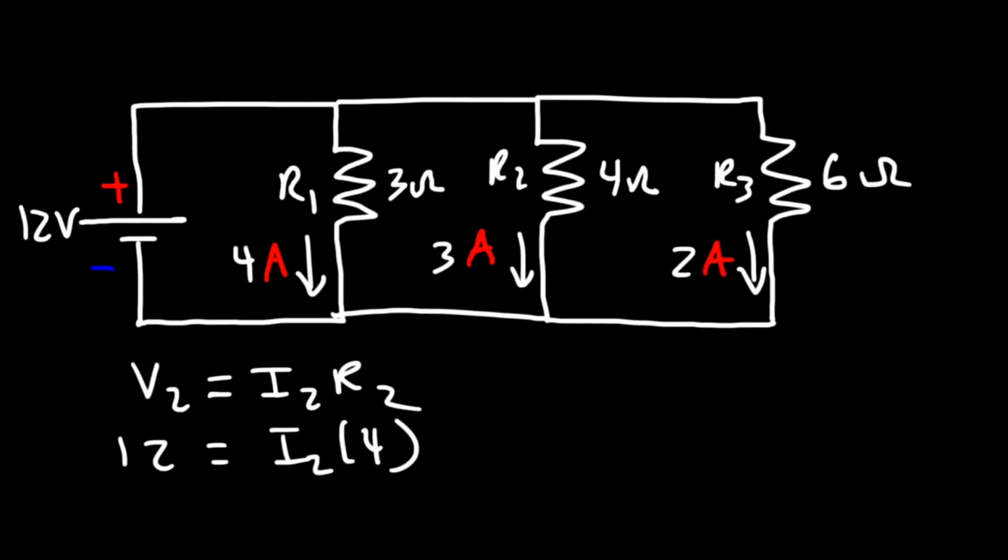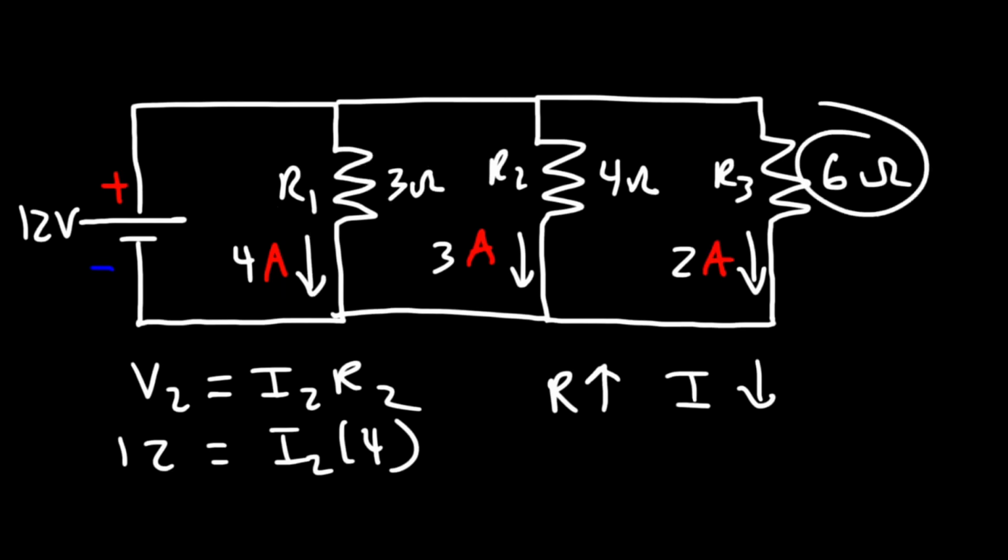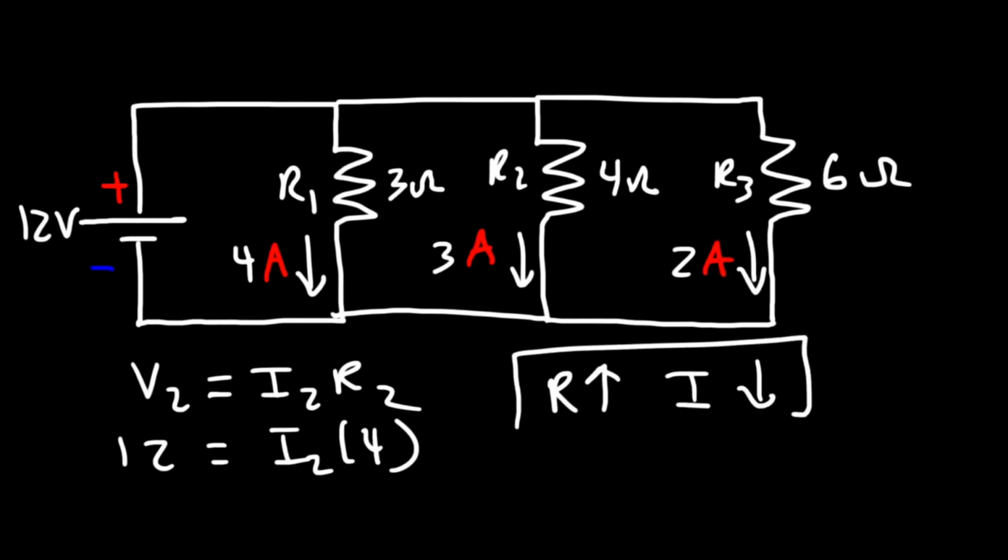Now, notice that as the resistance increases, the current decreases, as we mentioned in the beginning of this video. Here, R1 has the lowest value and it has the highest current. R3 has the highest value, but it has the lowest current. So as you increase the resistance, the current decreases.